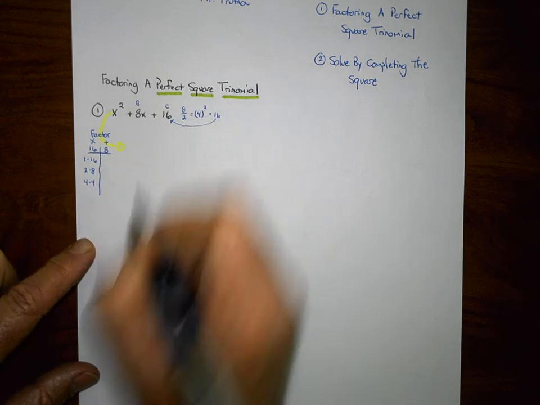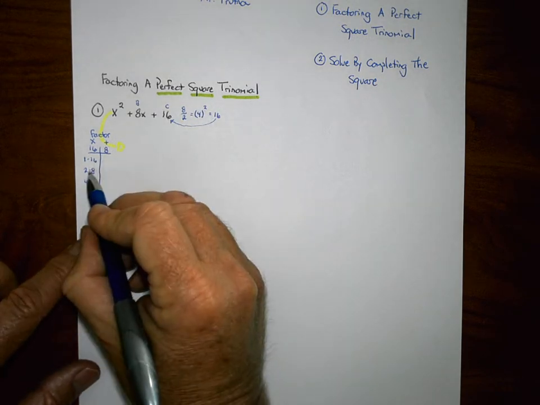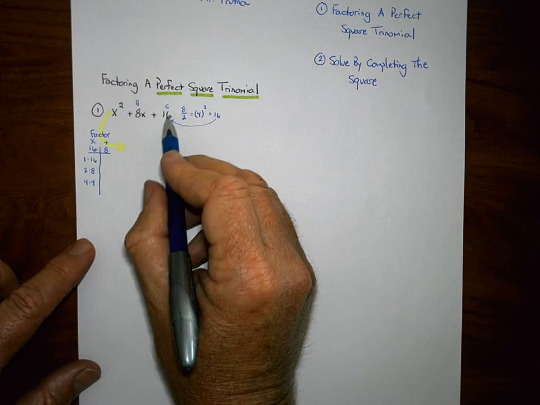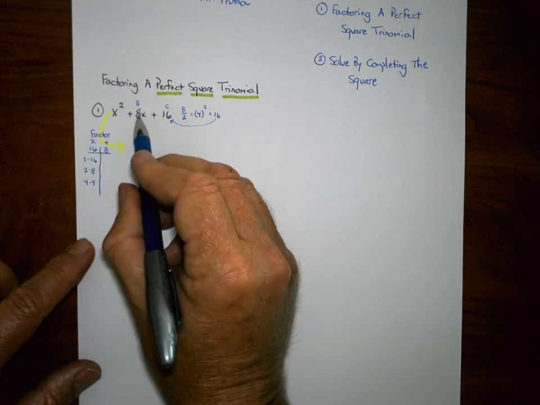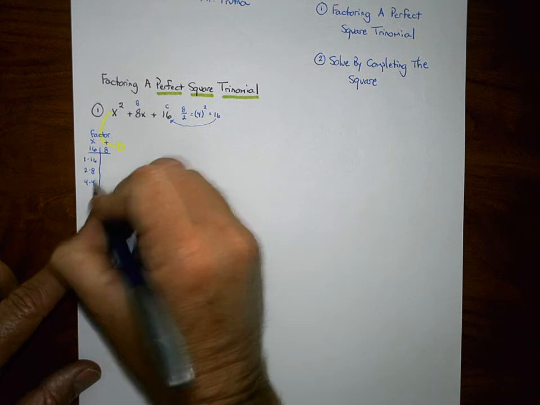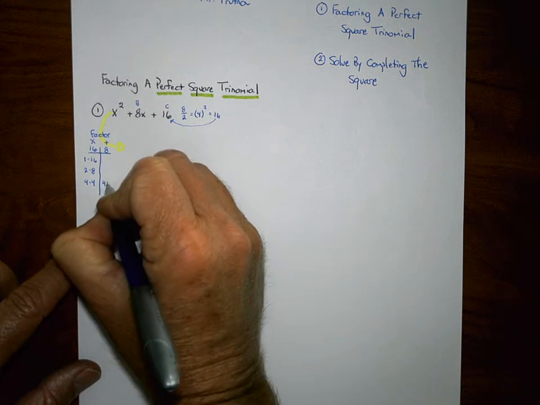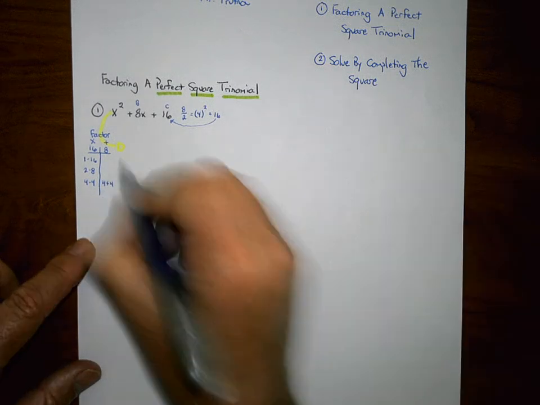So essentially, you're trying to find a pair of numbers that multiply to make your c value, 16 in this case, but at the same time add to make your b value, which is positive 8, and you can see that is 4 and 4. Okay, so what does that mean?